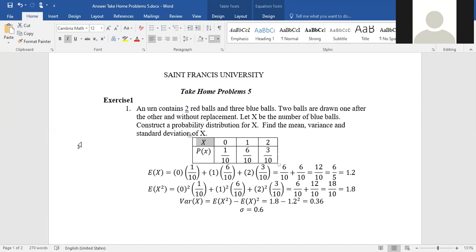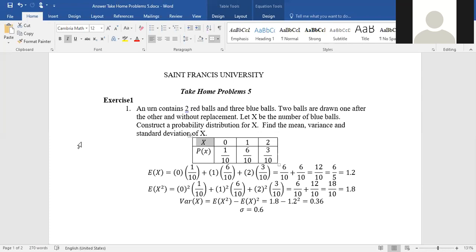The outcome blue, red has probability 3/5 times 1/2, which is 3/10. The outcome red, blue has probability 2/5 times 3/4, which is 6/20, which is also 3/10.